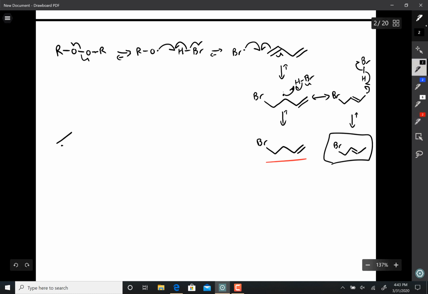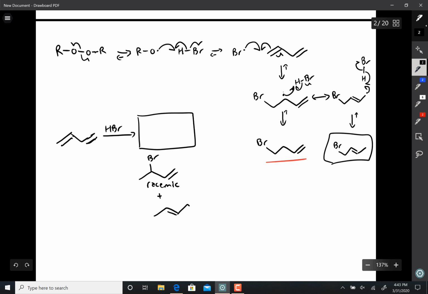Now, if I did this as a predict the product type question, the answer that I would expect would be to have both of these, regardless if you use HBr or HBr with peroxides.